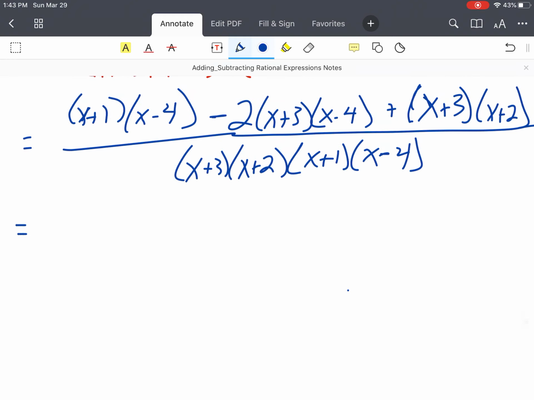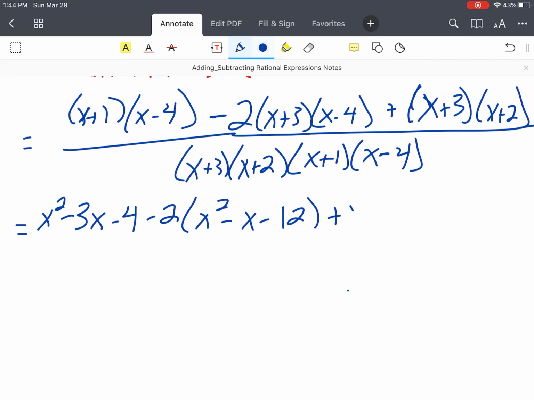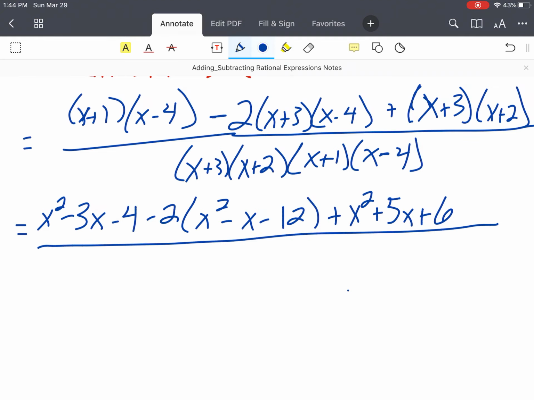All right. Let's FOIL these things out. So this is going to be x squared minus 3x minus 4, minus 2 times x squared minus x minus 12, plus x squared plus 5x plus 6, all over this big long mess.